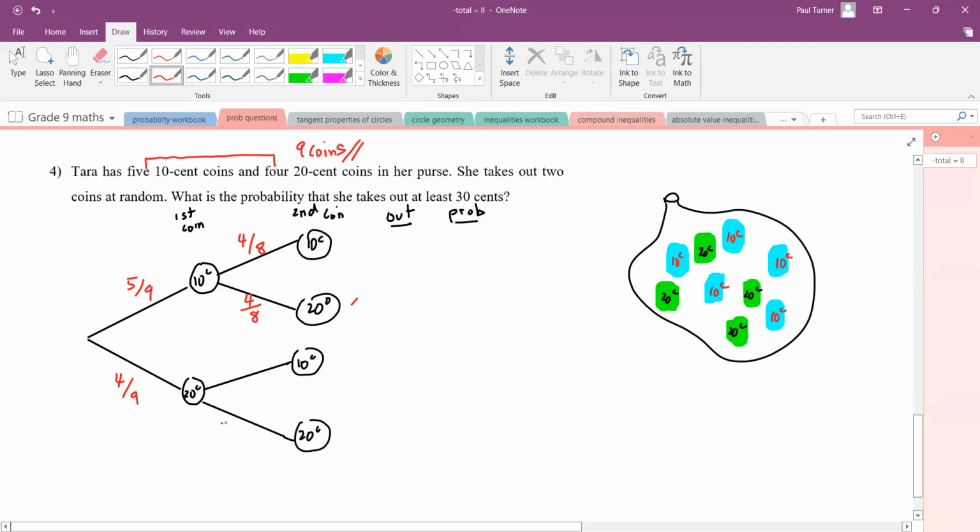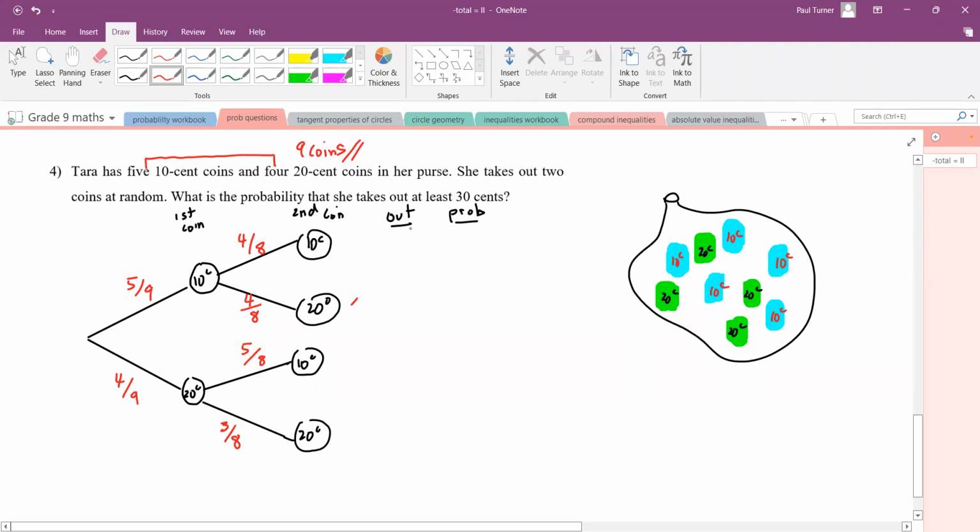The 4 will become 3 because you've got one less 20-cent coin, and that would become 3 out of 8. So if you take out 20 cents, we still only have 8 coins, but we have 10 cents, which is 5. So that's going to be 5 out of 8 here.